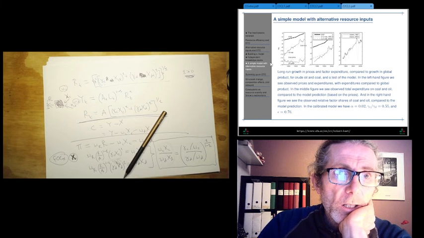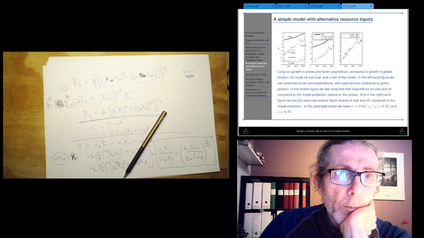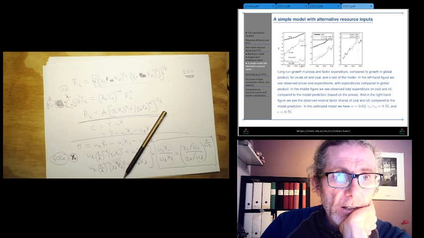Okay, so this is data on, we've got input data on the coal price, the dotted line here, and the oil price, sorry, the continuous line here.